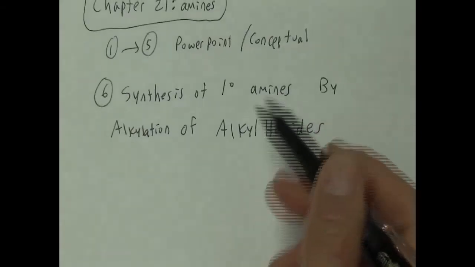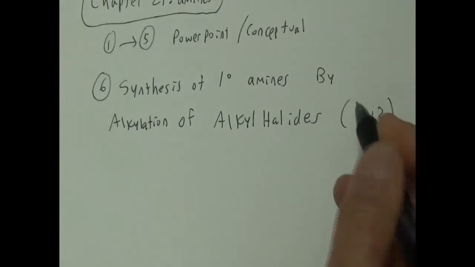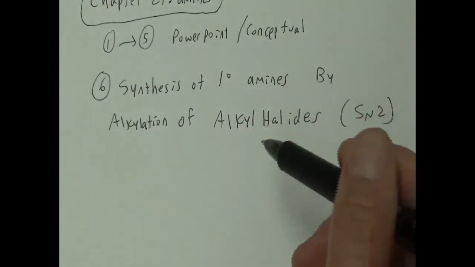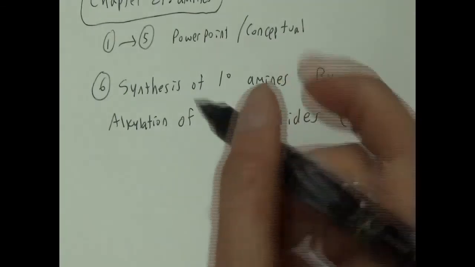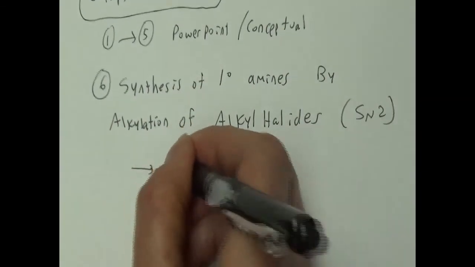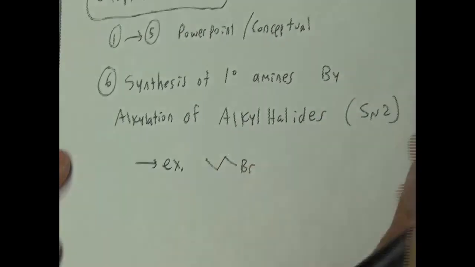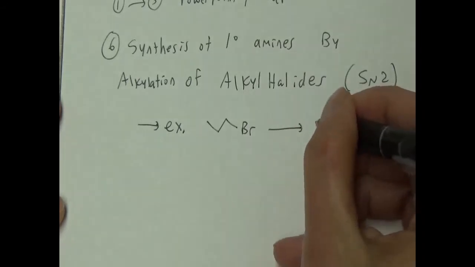All right, it's basically an SN2 reaction. It seems like a very simple reaction. It's using your old organic 1 knowledge, doing SN2, so it's not that crazy. An example of that would be, say we have an alkyl halide, an alkyl bromide, and you're like, I want to make a primary amine, right?